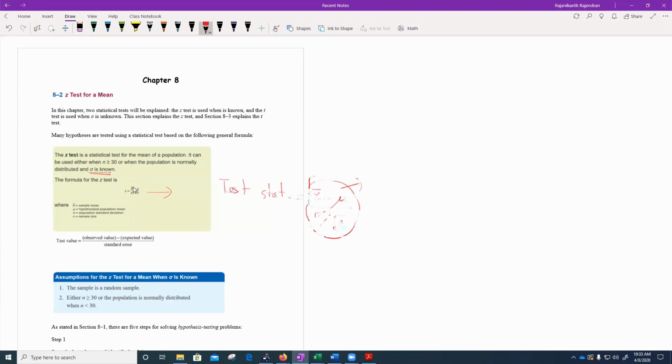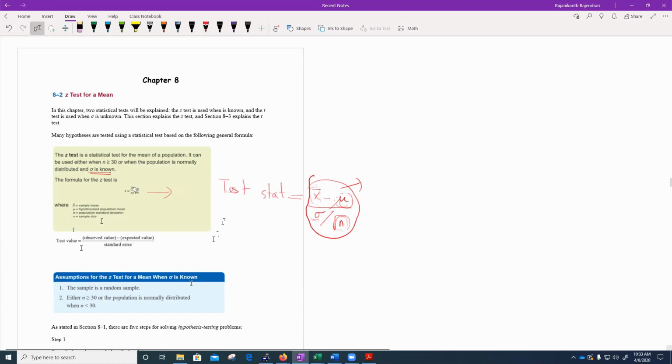These all will be given in the problem. X bar and little n come from your sample: x bar is the sample mean and little n is your sample size. Little sigma is the population standard deviation, and mu comes from your H naught, your null hypothesis. Look at your null hypothesis, look at your mu value, then plug in that value here. Okay, now this is called the test statistic.